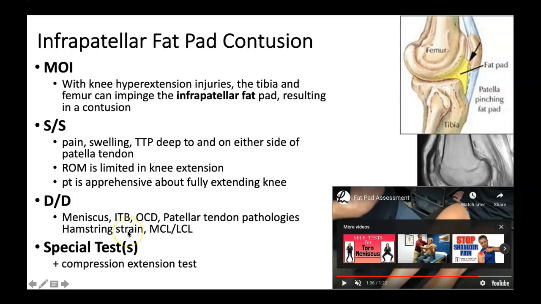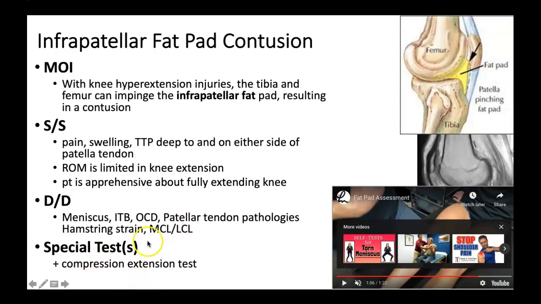And so patients with hamstring strains will also try to avoid a knee extension moment. And then last but not least are the MCL and LCL because of the pain that might be present in the joint line. So we can see that as we get deeper into this class, we can't just be thinking about one injury. We have to be thinking about the multitude of injuries that might be present with the symptoms that are presenting in front of us.